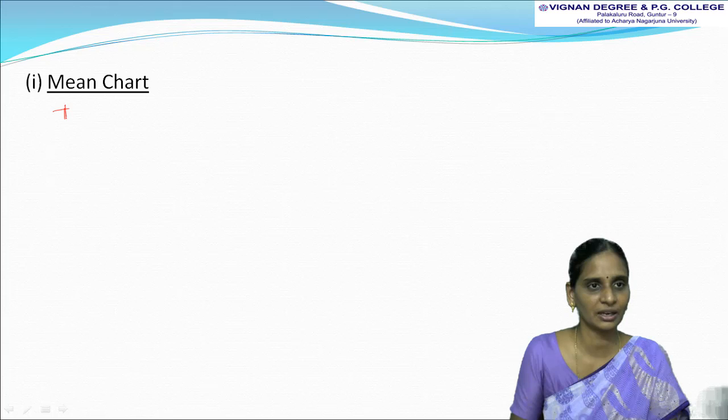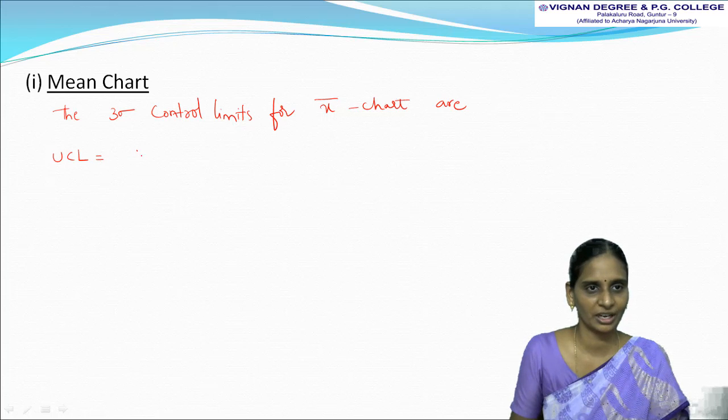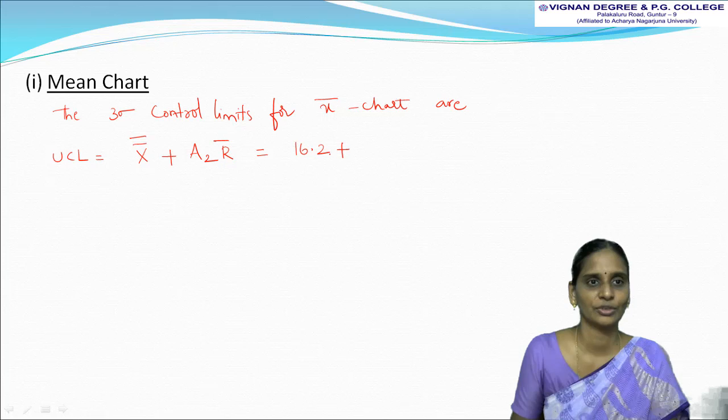So the 3 sigma control limits for mean chart, that is X bar chart, are, the upper control limit UCL is equal to, formula is X double bar plus A2 R bar. So X double bar value is 16.2 and the value of A2 for n is equal to 5.